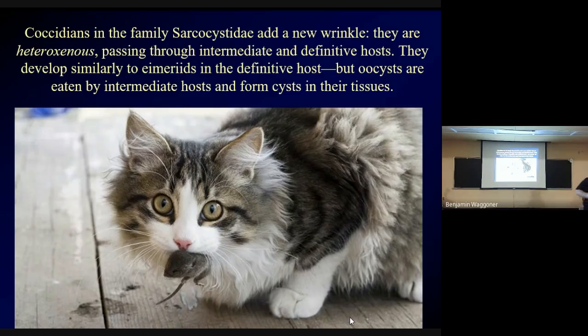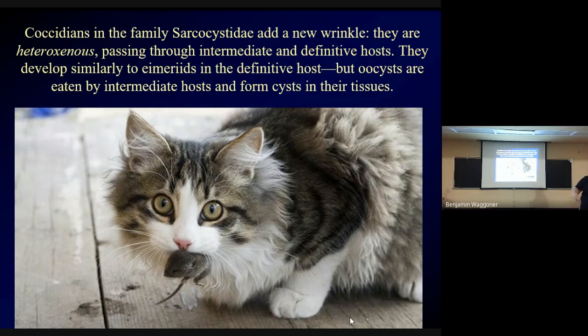Okay, Sarcocystis, a family of coccidians called Sarcocystidae, adds a new wrinkle because they're heterogenous. Eimeria, the one that causes puppy diarrhea and chicken diarrhea, is monogenous, right? It's only got one host, except for that little time outside the body.